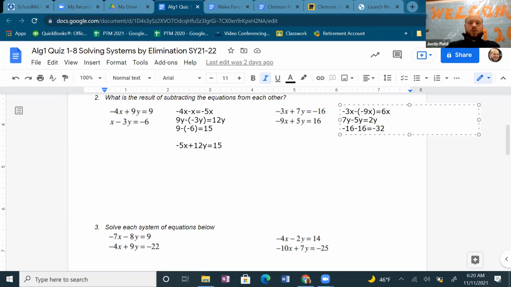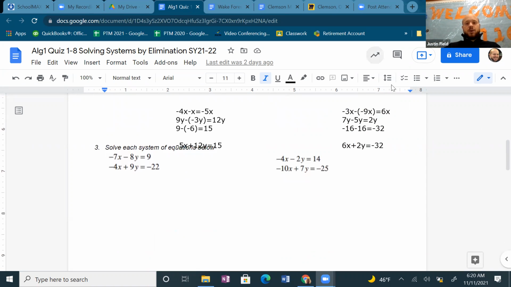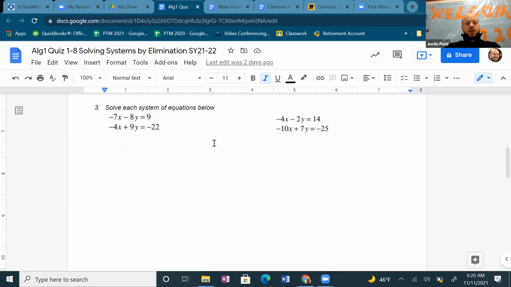So be careful with your rules of integers, because in Algebra 1, we can practice it, but it's supposed to be understood that you know the rules of integers. But if you want to practice it, you just have to ask. If you knew you had to subtract, but you got the wrong subtraction, which I did see a lot, it's because you made a mistake with the rules of integers.